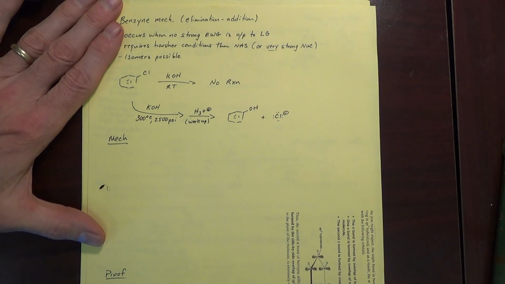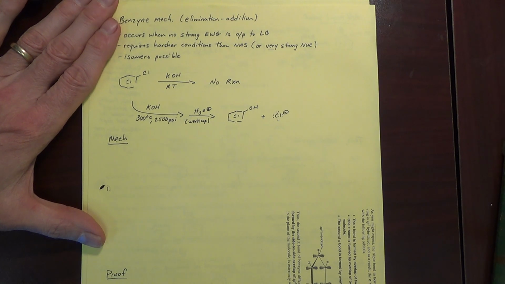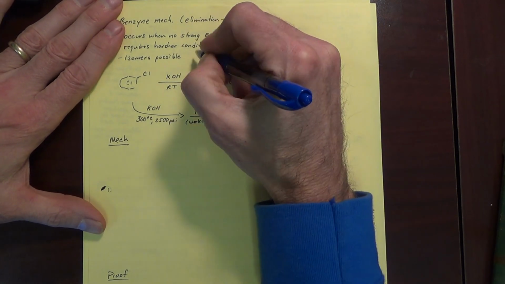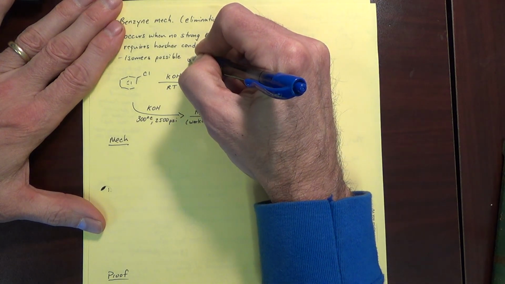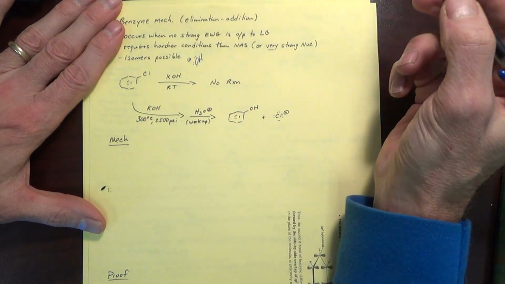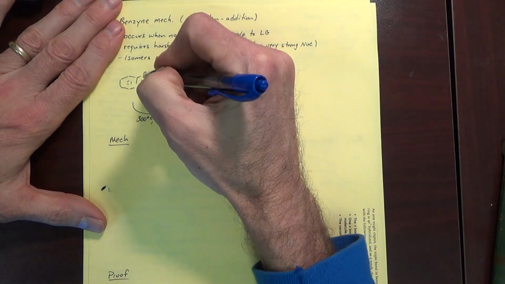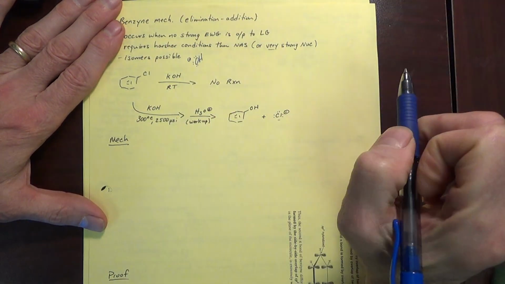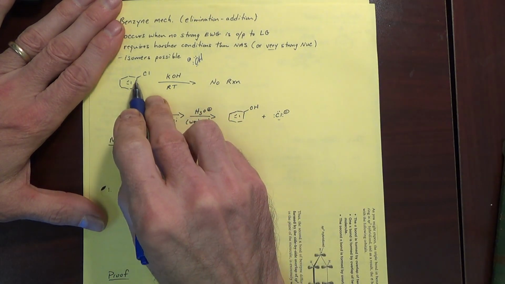So let's show a mechanism for this. Now, hydroxide could possibly attack this carbon. First off, we would never attack it and kick off the chlorine. That would be SN2. We certainly don't do SN2 on an sp2 halide.